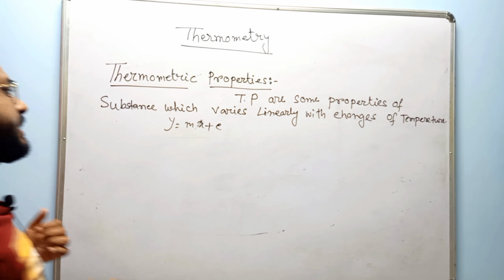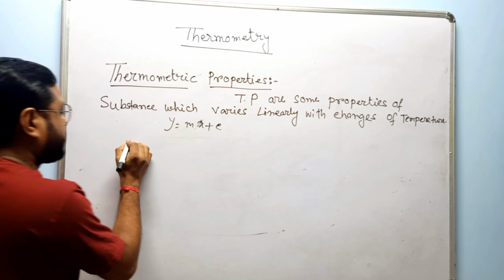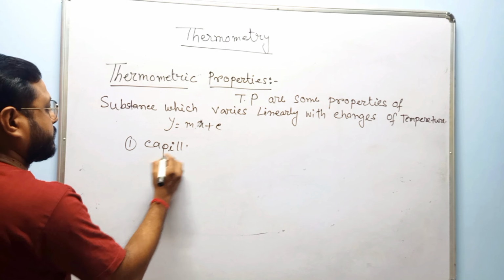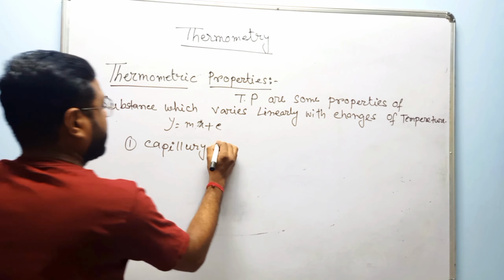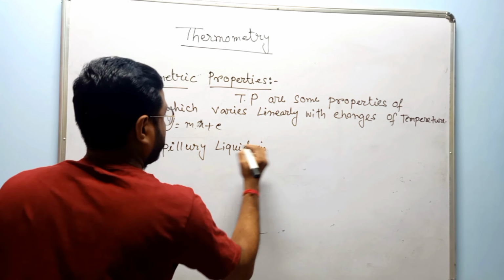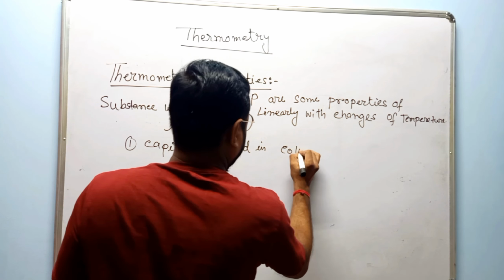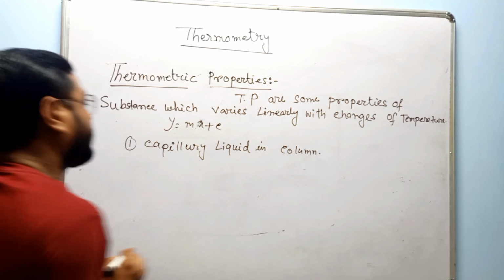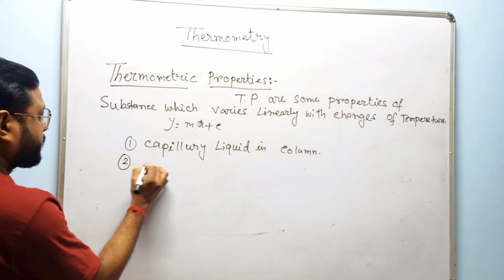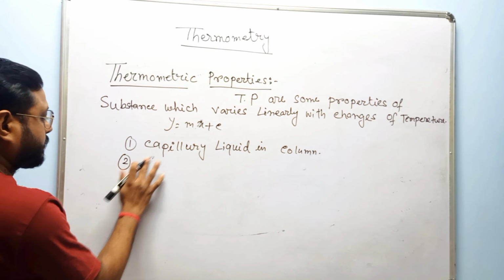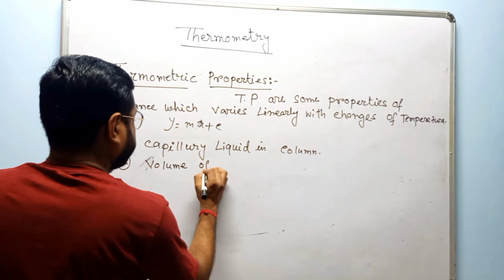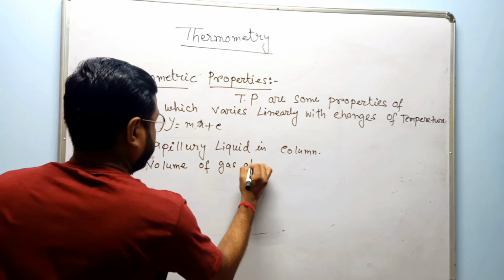Some examples of thermometric properties are: number 1, capillary liquid, or liquid in a capillary column, you know. Number 2 is volume of gas at constant pressure.